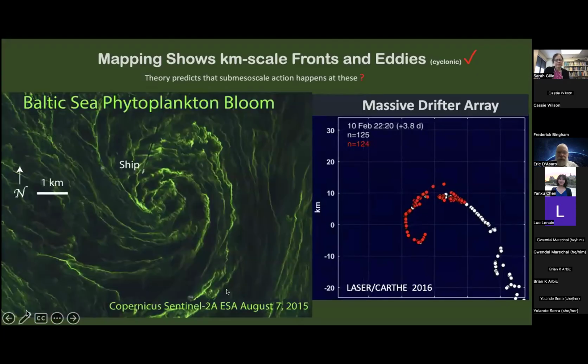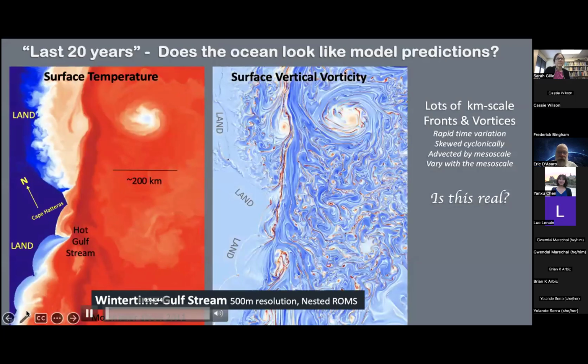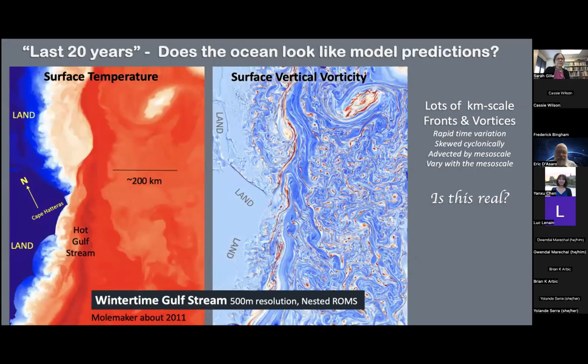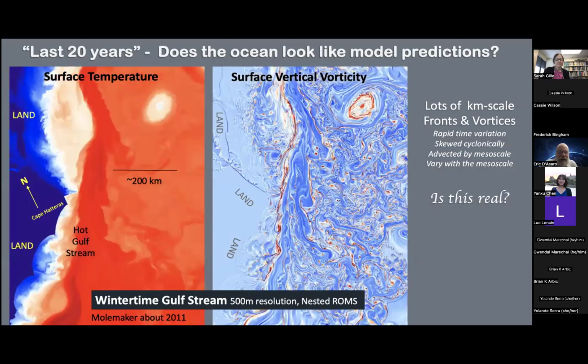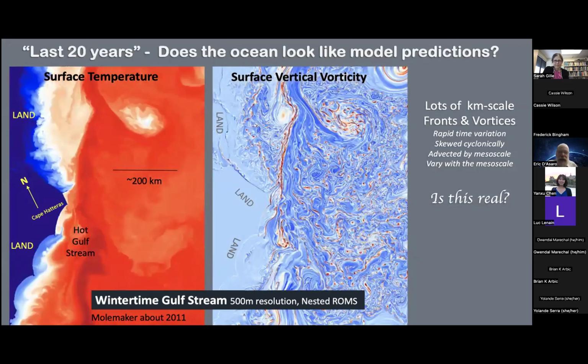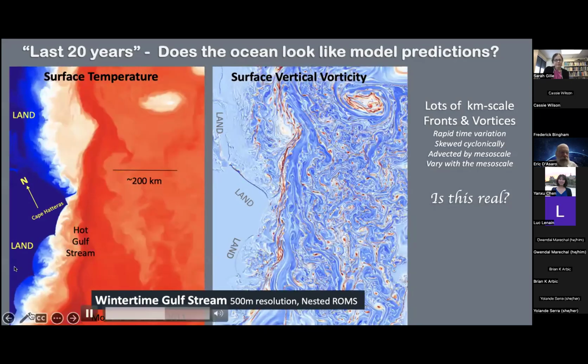Okay, so go back. There we go. Okay, good. So what have we done in the last 20 years? If you go back, this is more like 10 years ago, but never mind. This is a typical simulation from that period, and it's really quite striking. It's a simulation of the Gulf Stream. Here's Cape Hatteras.